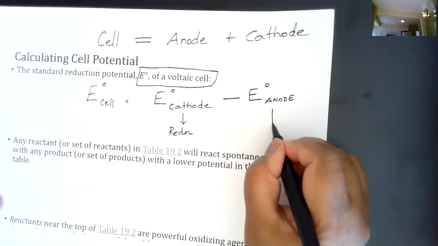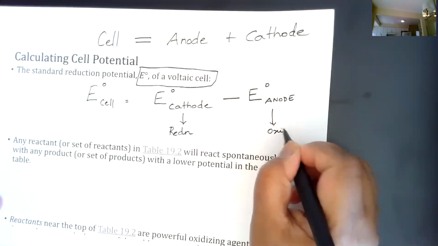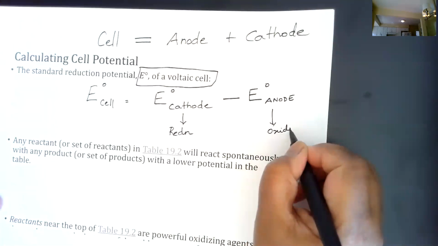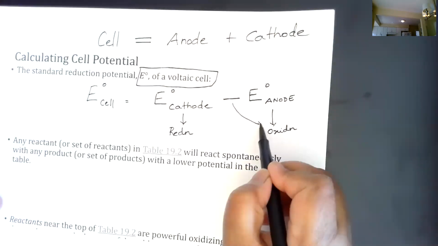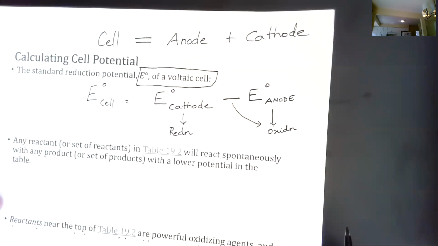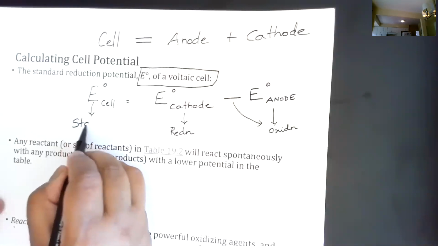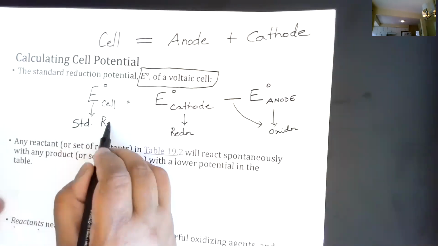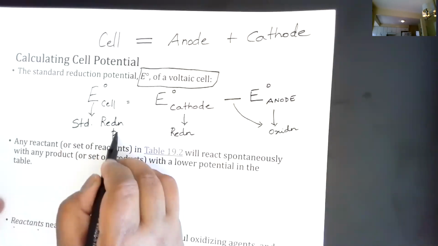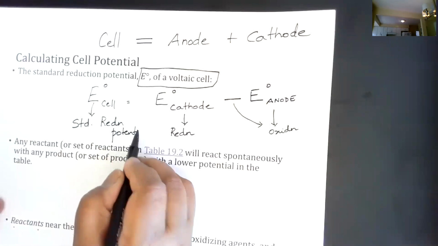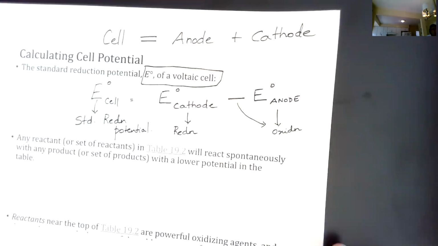At the anode, it's oxidation. Therefore, in order to take that into account, you have the negative sign. And this is the standard reduction potential. It'll become clear when we start doing problems, okay?